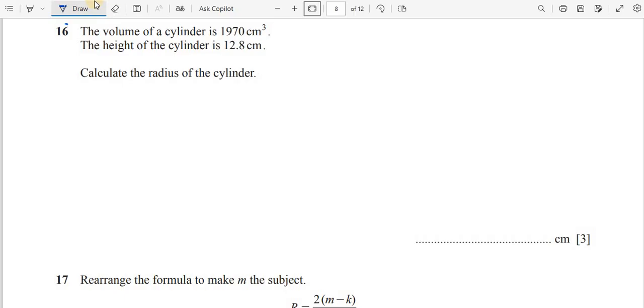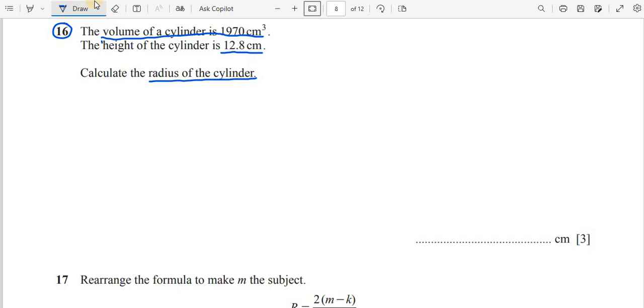Question number 16. The volume of a cylinder is 1970 and the height of the cylinder is 12.8 centimeter. Calculate the radius of the cylinder. We know that first of all we put the formula of volume of cylinder.